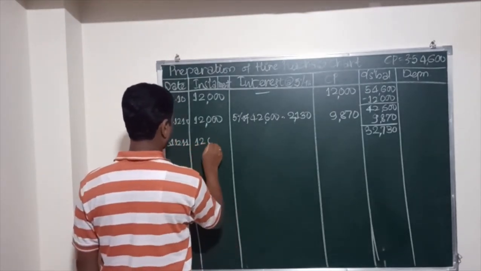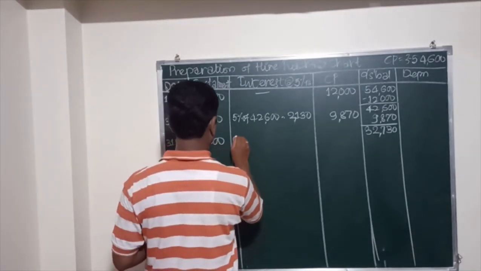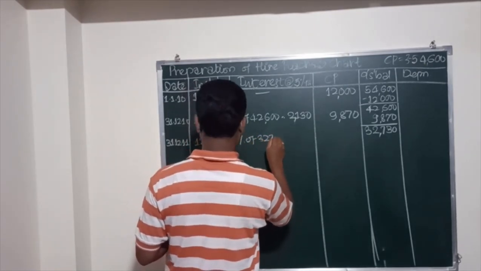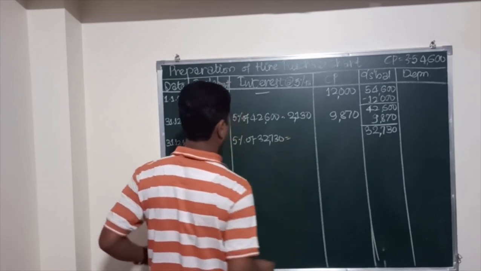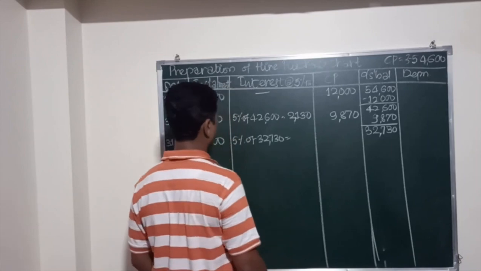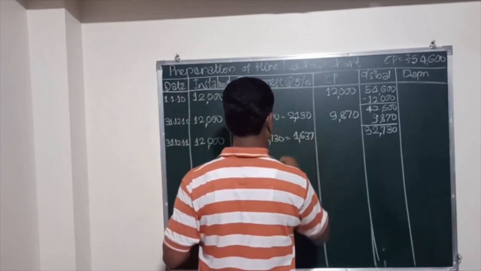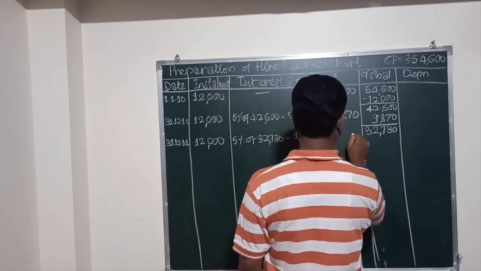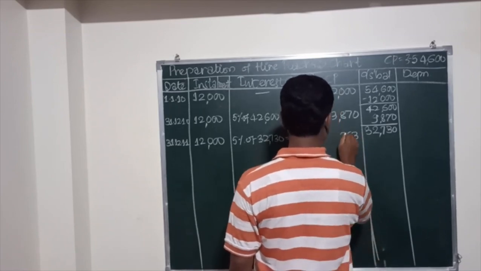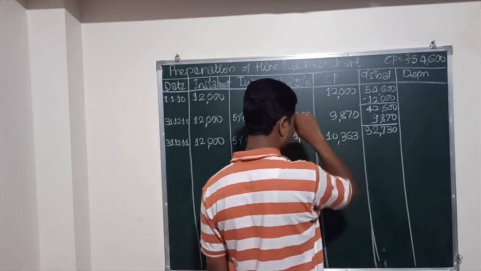The second installment becomes due on 31st December 2011. So 12,000 is the installment, and then 5% of 32,730. If you calculate 10%, it comes to 3,273. So half of that is 1,637. So when you subtract, you get 10,363.